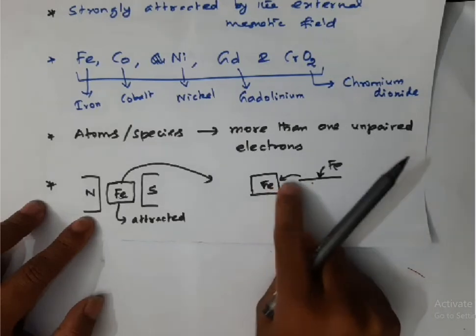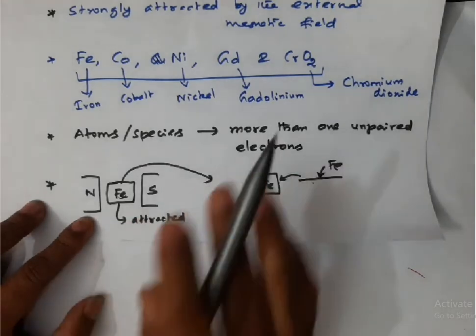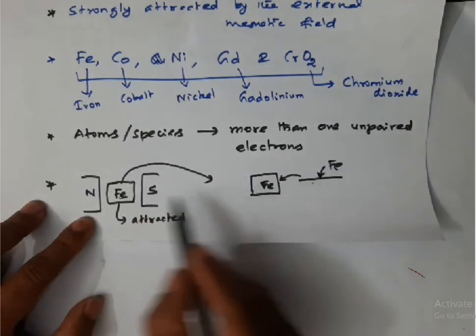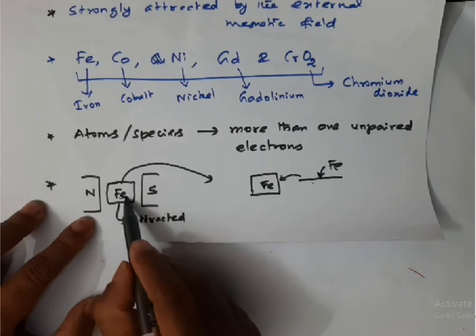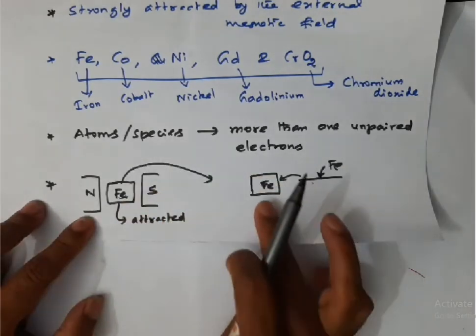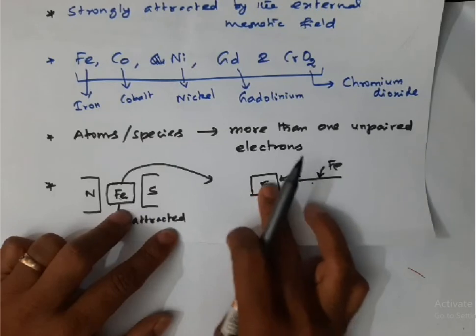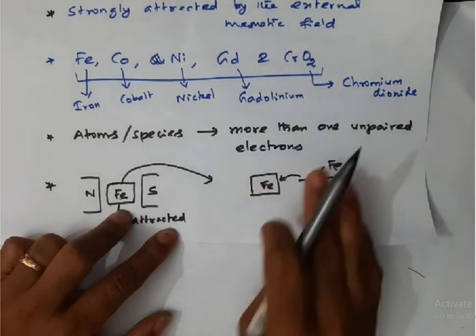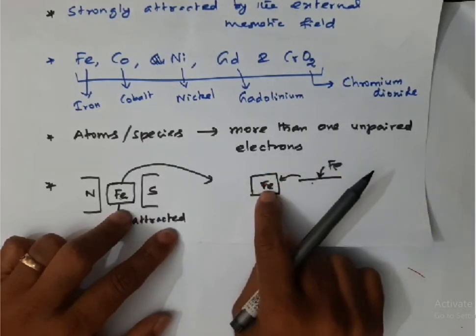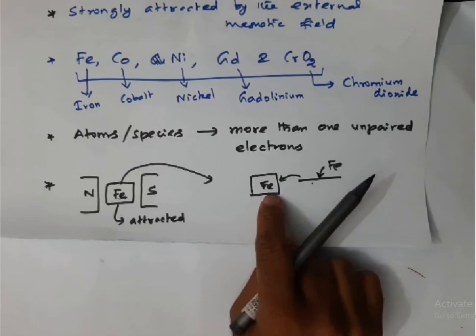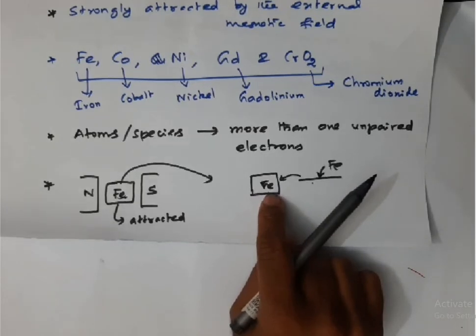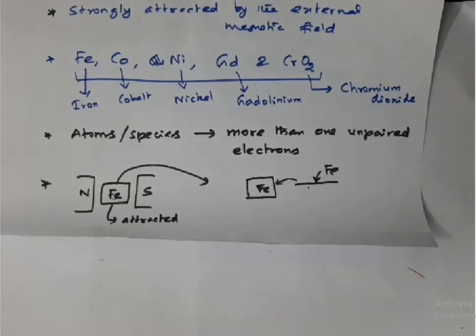That needle gets attracted. What is meant by that? When you keep the iron piece in a magnetic field, it gets magnetized. That magnetic character remains for some time in the material. Then after a few minutes, slowly the magnetic character will disappear.